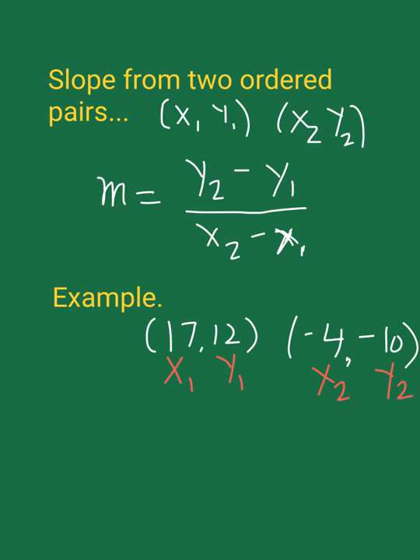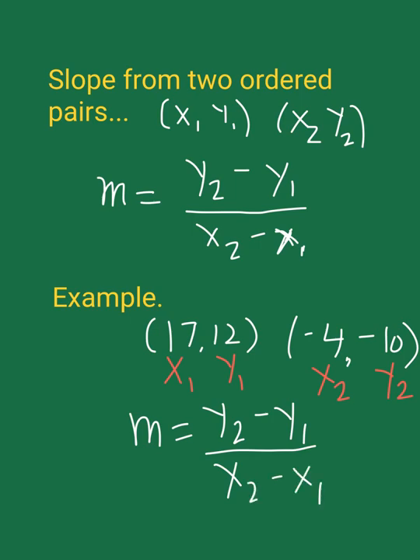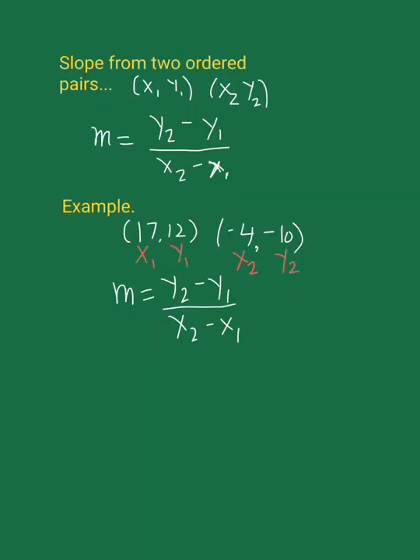Then the next thing to do is to write down the formula. So we're going to have m equals y2 minus y1 over x2 minus x1. Now all we have to do is fill in the numbers. So I write down m, y2 is right here.